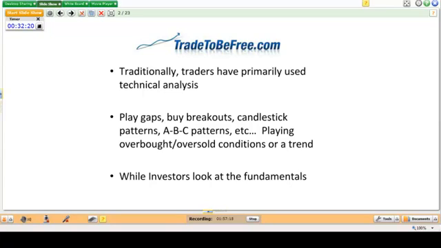Traders might play chart patterns, they might use candlestick patterns, they might buy breakouts, they might play gaps. But it's always trying to play momentum or trying to take advantage of an oversold condition before a stock starts another move higher, or vice versa if you're shorting the market or a stock.